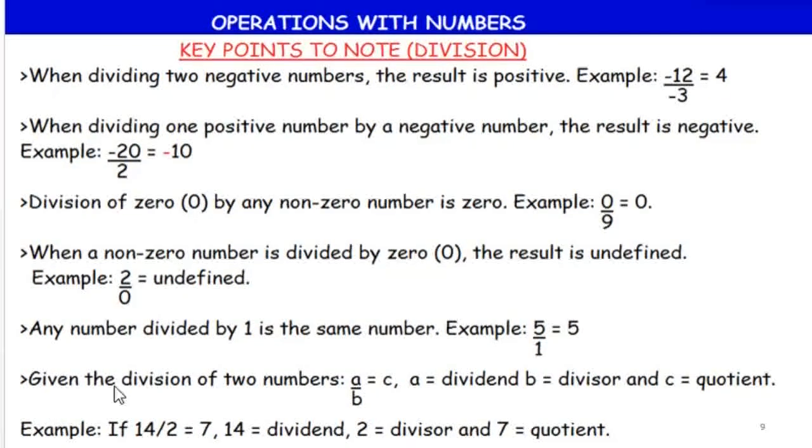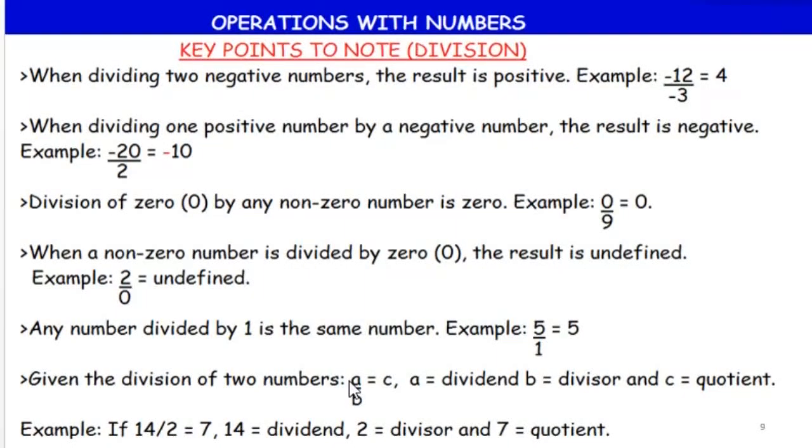Okay, given the division of two numbers, a over b is equal to c, let's try to define each of these components. So what does a represent, what does b represent, and what does c represent? The a is known as the dividend.